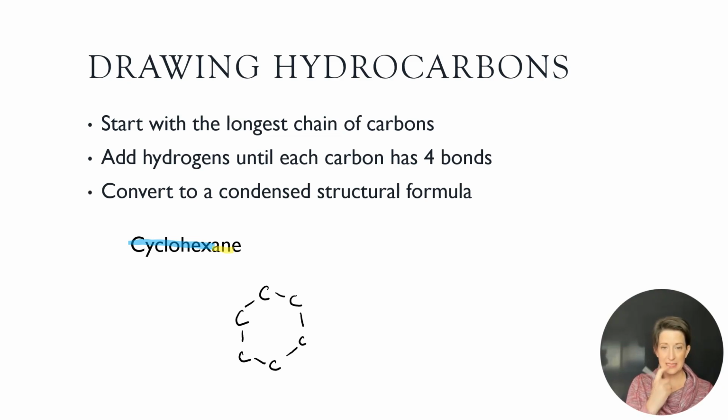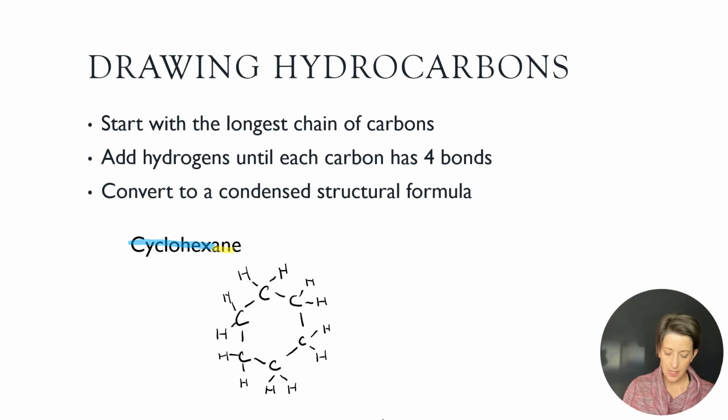Because there's nothing else in that name, we don't need to add any branches. I'm going to go through the complete structural formula so that you can see where all of the hydrogens come from, remembering that each carbon needs 4 bonds. Each of the carbons in this cyclic structure has 2 bonds with carbons already. So that means we only need 2 hydrogens for each of those.